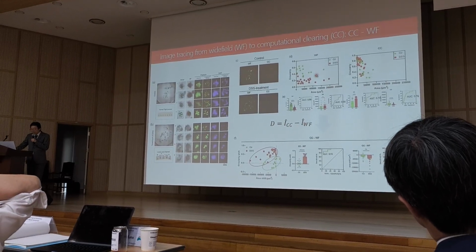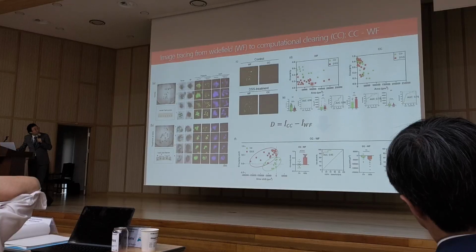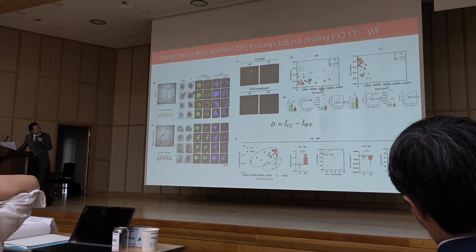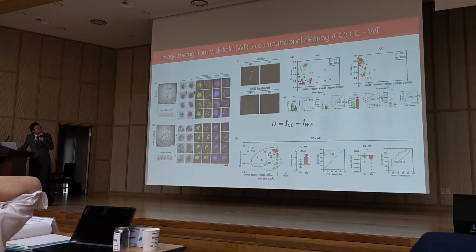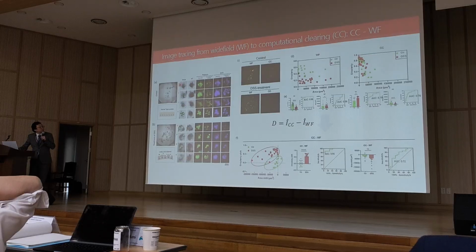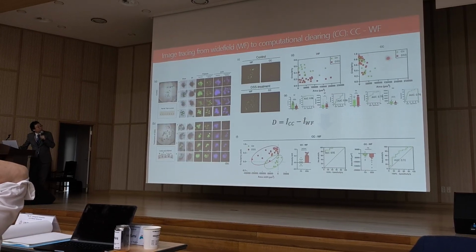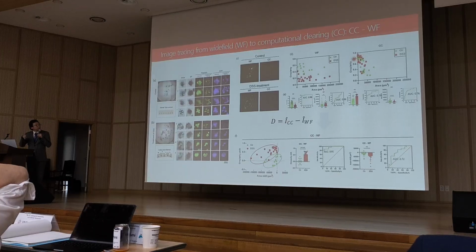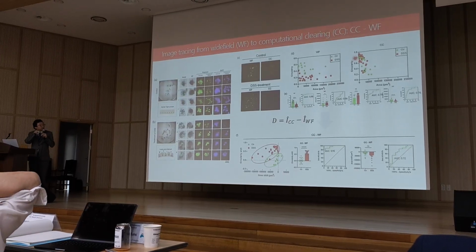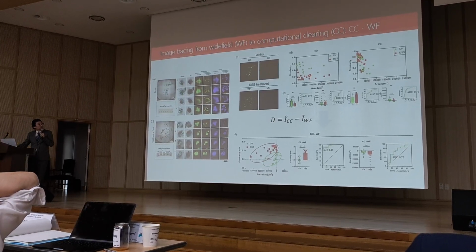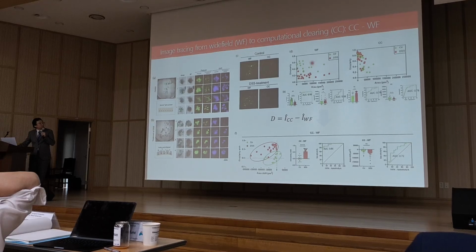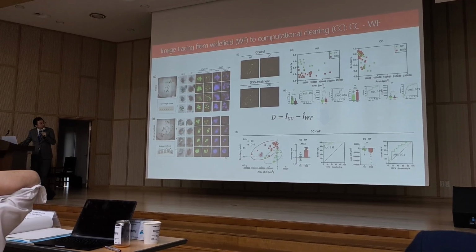This plot shows organoid circularity and area, and each point implies one feature of a mouse intestinal organoid. By comparing wide field and computational clearing, we could calculate a vector, a shift of circularity and a shift of area, plotted here.